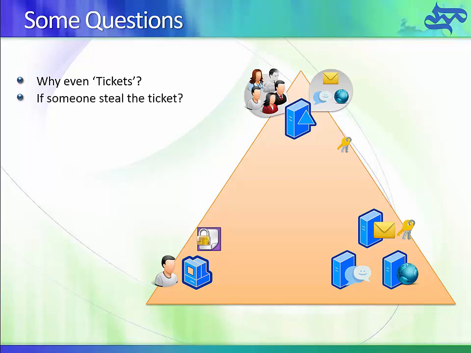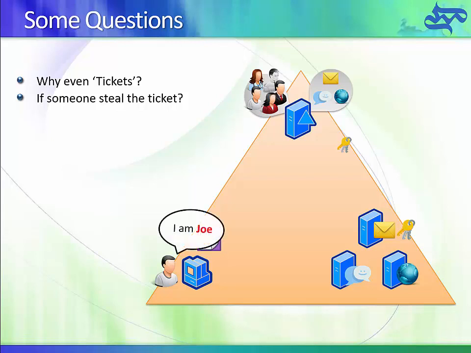The second question will be, what happens if someone steals the ticket? Is it possible? Yes, it is possible, but it's quite difficult. The problem is when the user somehow gets access to the ticket of another person, he can build the ticket chain.